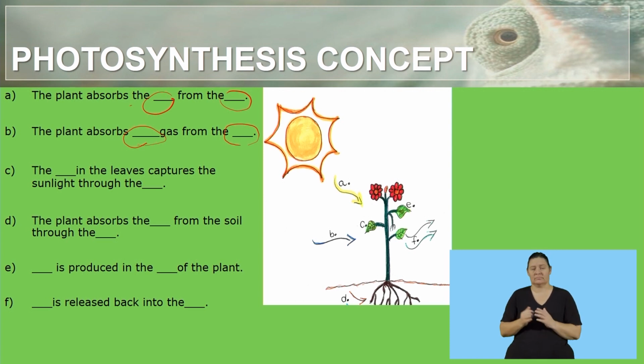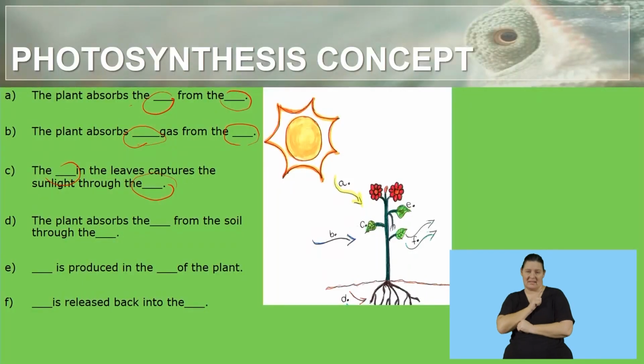Let us move on to C. C says the blank again in the leaves captures the sunlight through the, we have another blank here. So what from the leaves captures sunlight through the what? So you need to tell me from what you have learned already. Moving on to the next question.